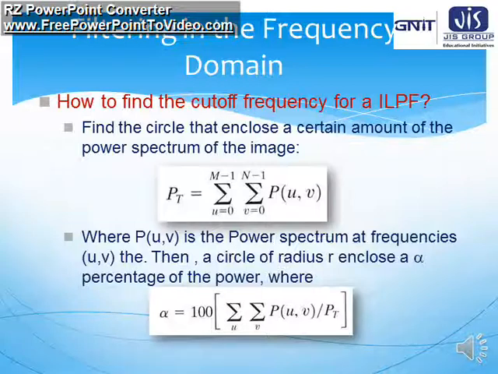Then a circle of radius r encloses alpha percent of the power, where alpha equals 100 multiplied by the summation over u and v of P(u,v) divided by PT.